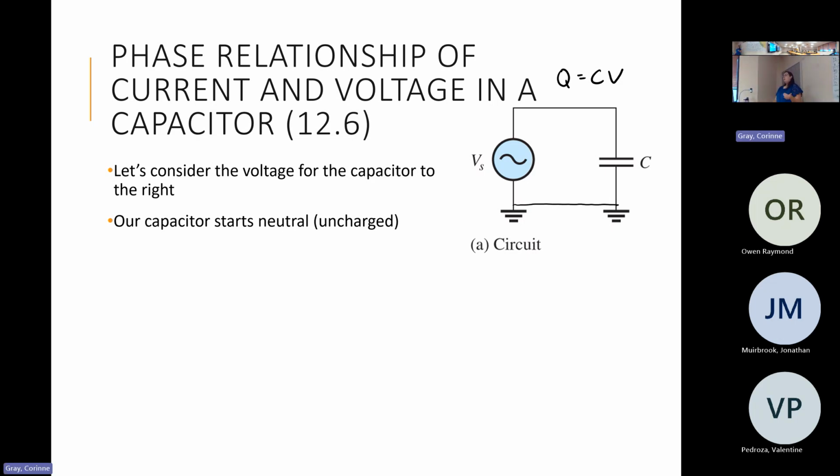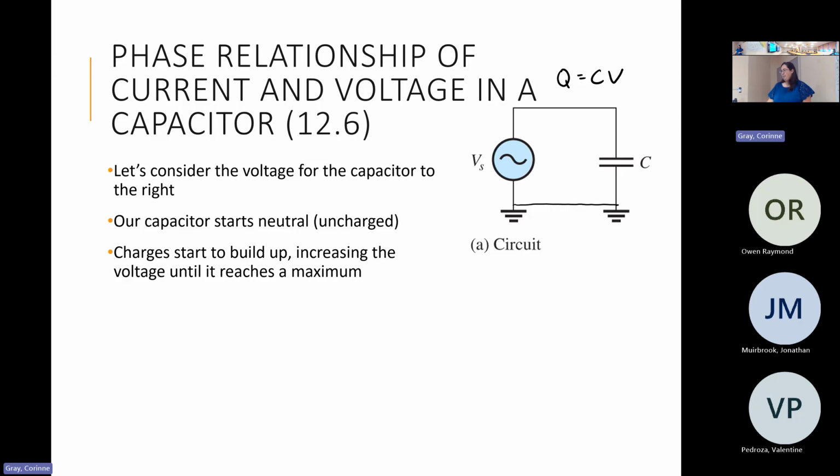After it flips, what's going to happen to the voltage across that parallel plate capacitor? If it's flipping, we're going to start discharging our parallel plate capacitor, so that voltage is going to start decreasing. And it's going to decrease to 0, and then it's going to go to the opposite maximum voltage value.